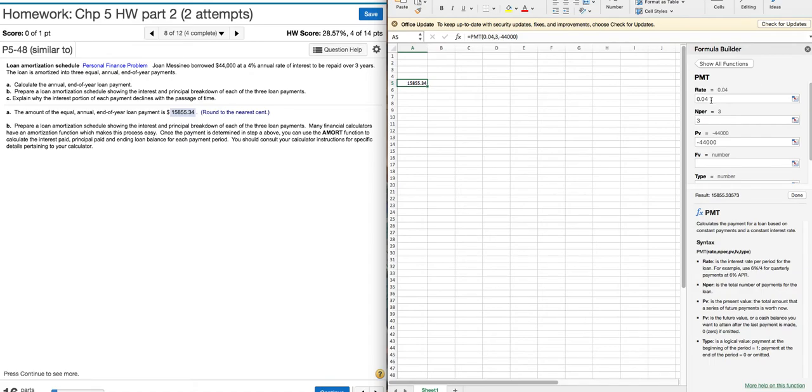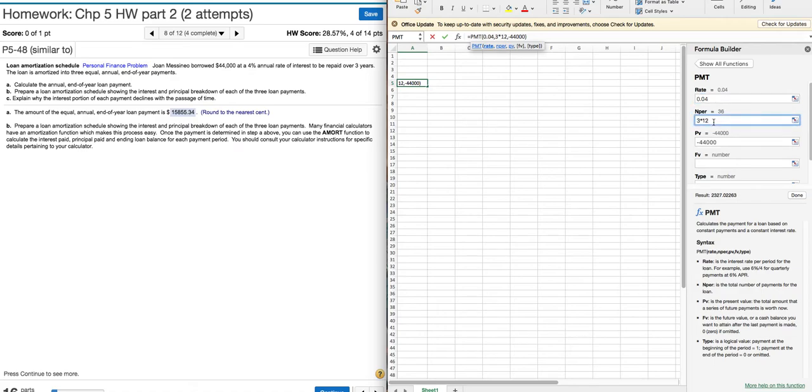Rates are always quoted as an annual rate, so we would divide this rate by 12 to get a monthly rate, and multiply the number of periods by 12, because we have 3 years and 12 payments per year, so that would be 36 payments. So if this was a monthly loan, our monthly payments would be $1,299.06. Just another little sidebar to show you how to adjust for monthly, quarterly or semi-annual payments as well.